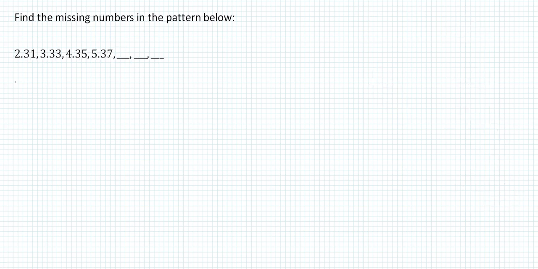Our next example, we're going to subtract the first from the second. So we have 3.33 minus 2.31. So we have 1.02. So now, because it's positive, we're going to add it. So this is 3.33 plus 1.02.